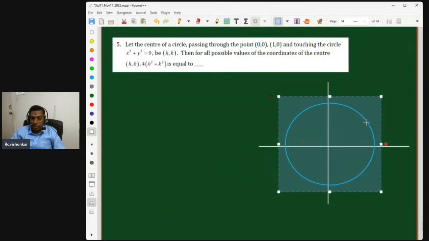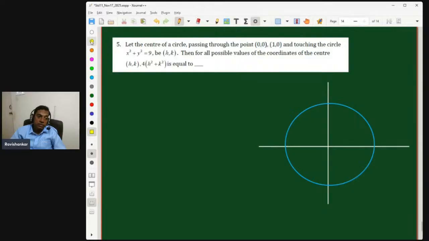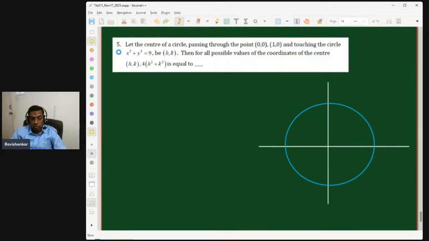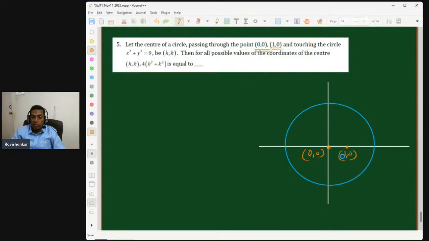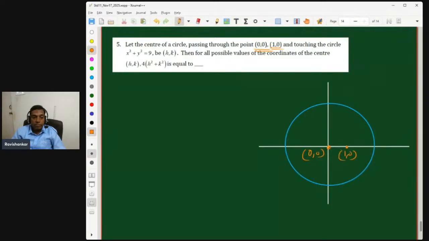We have another circle that has to pass through 0, 0 and 1, 0. 0, 0 is here. 1, 0 is here. And it has to touch x squared plus y squared equals 9. So the only way that can happen is if it's a circle like this.